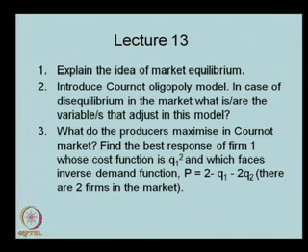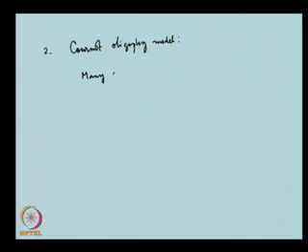Second, introduce the Cournot oligopoly model. In case of disequilibrium in the market, what is the variable that adjusts in this model? So, the Cournot oligopoly model. There are basically many sellers, but not infinite.